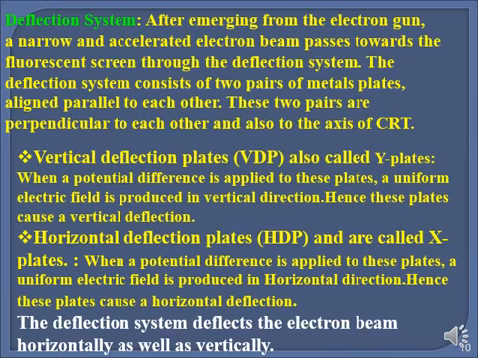When we apply a potential difference between these plates, a uniform electric field is produced along the horizontal direction. Hence these plates cause horizontal deflection of the electron beam. So the deflection system deflects the electron beam horizontally as well as vertically. How it deflects is shown in the diagrams on the next slide.